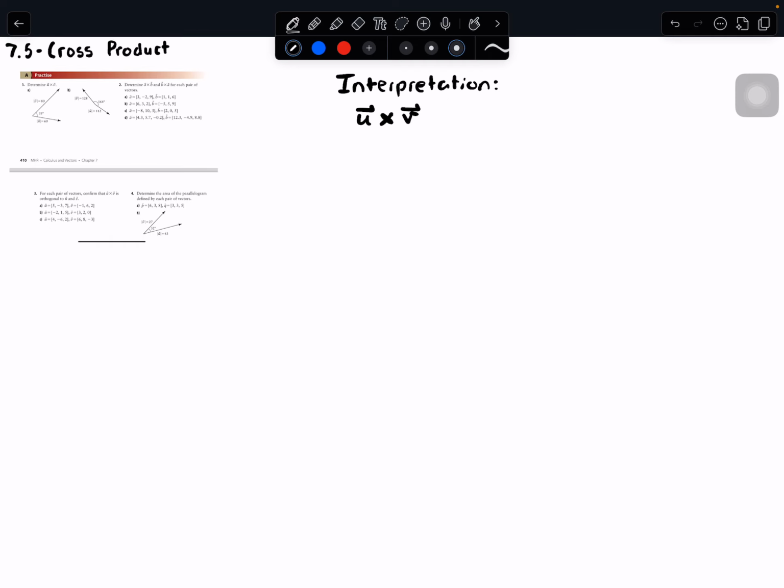A few things. The result will always be a vector. Now this is in stark contrast to the dot product where the result was always a scalar. So just remember that. For the cross product of two vectors, you always get another vector out. That's one thing. But what is that vector really, what is that result?